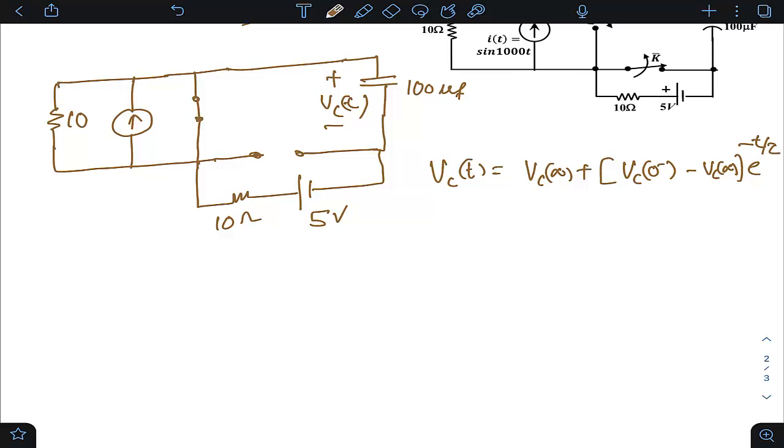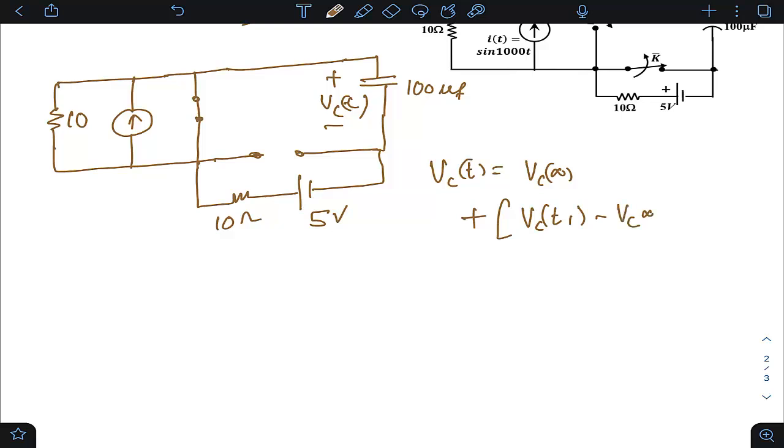But here, instead of writing 0 minus, we should be writing VC(t1), because we assumed the switching instant is 0 there. So you can write here VC of t1 or VC of t1 minus, no problem. Minus VC of infinity, e raised to power minus (t minus t1) divided by tau.